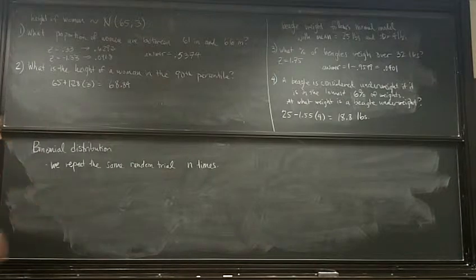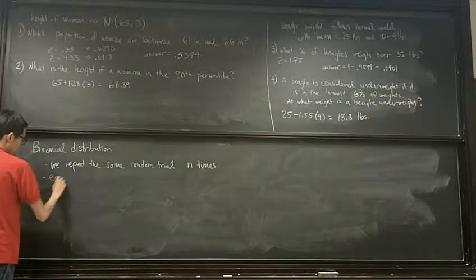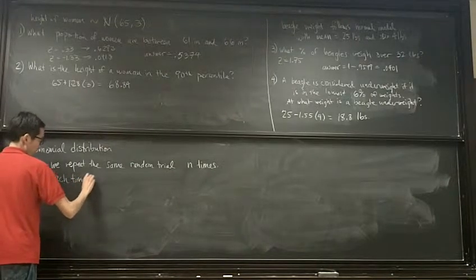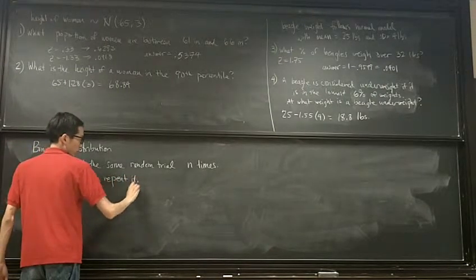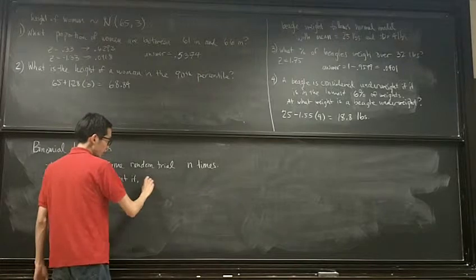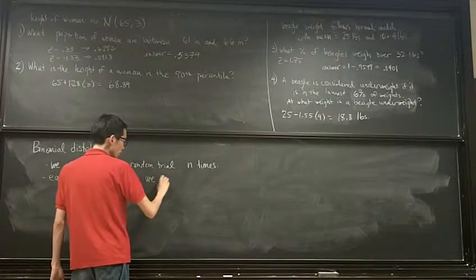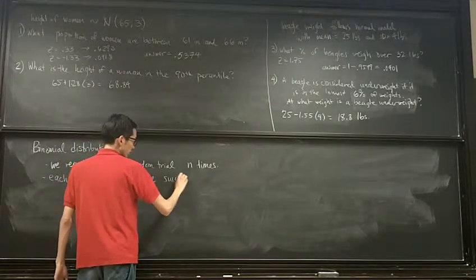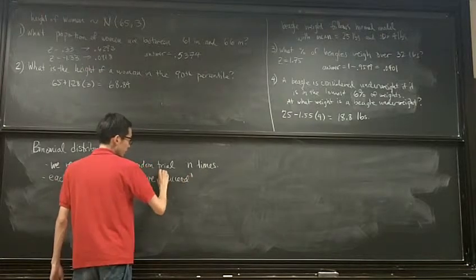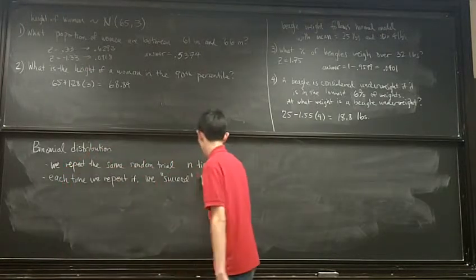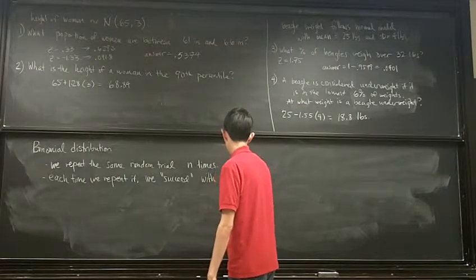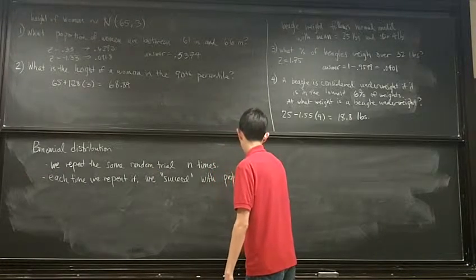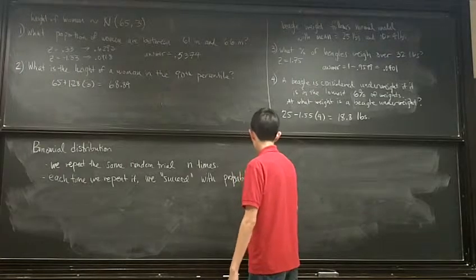Each time we repeat it, we succeed, and succeed is an arbitrary label, with probability p.